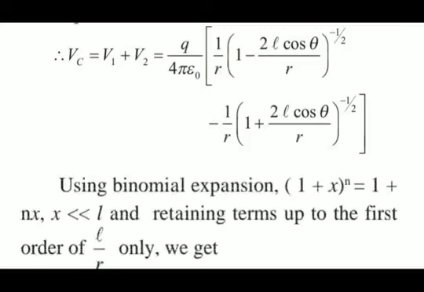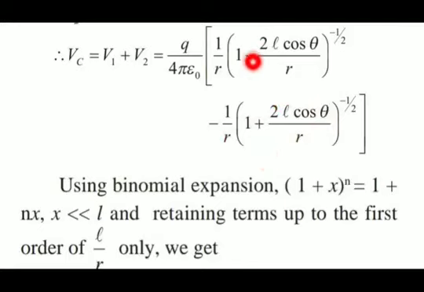Now, using the binomial expansion, that is (1 plus x) raised to n is equal to 1 plus nx. So this is the binomial expansion. Here n is nothing but minus 1 upon 2. X itself is this quantity, 2l cos theta upon r, and 1 will be 1.